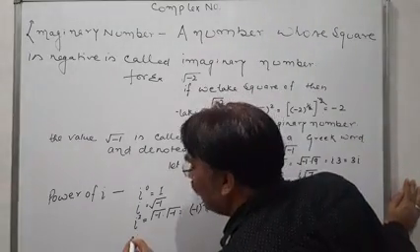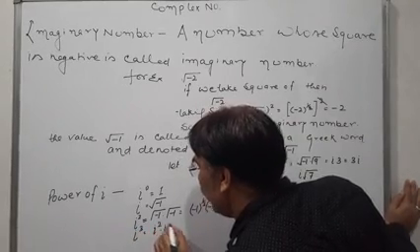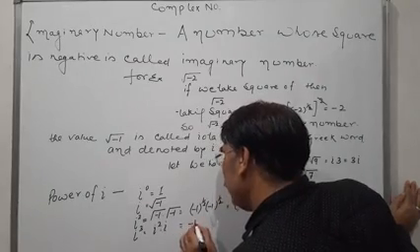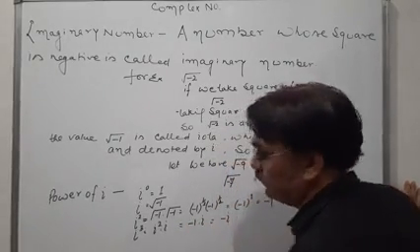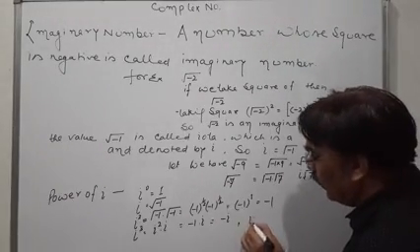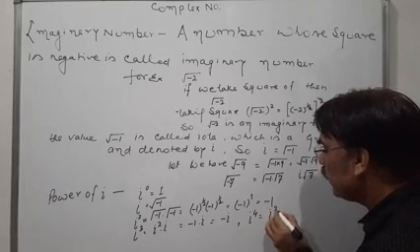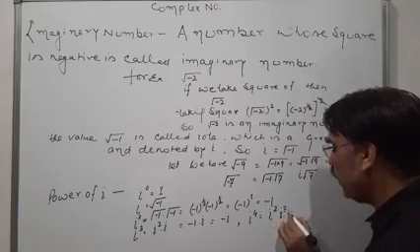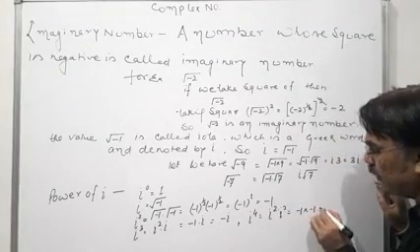If we go for i cube, then we can write i square into i. And i square is minus 1, so minus 1 into i is equal to minus i. Now if we talk about i to the power 4, then we can write i square into i square, which is minus 1 into minus 1, equal to 1.